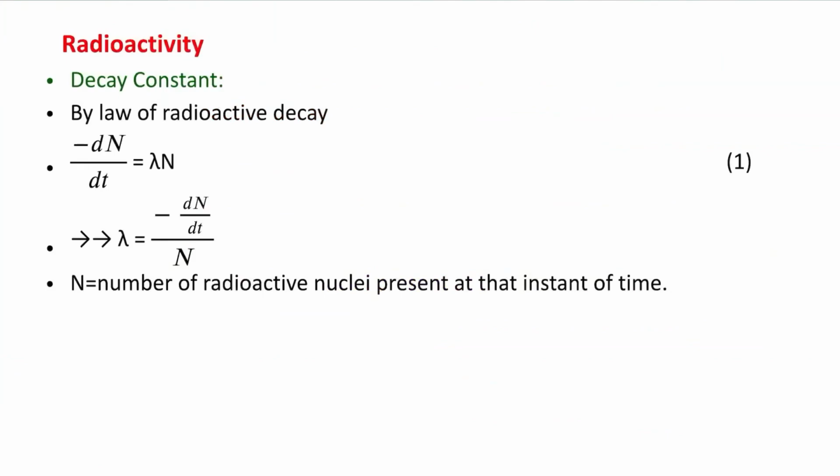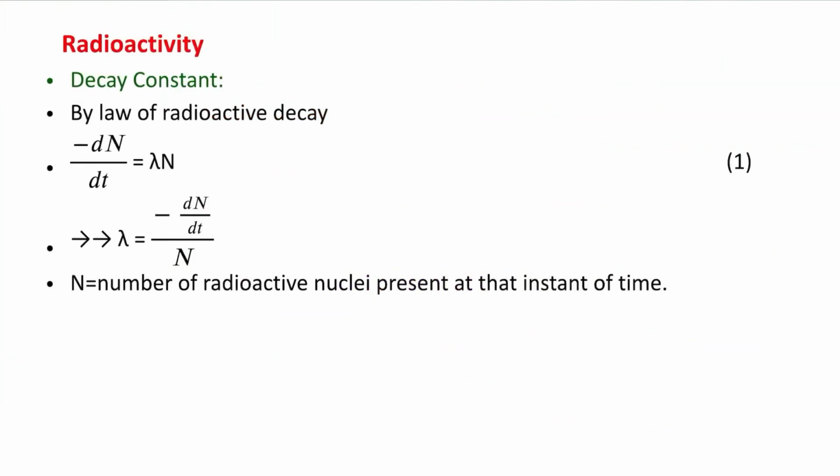So, by the law of radioactive decay, we have seen that minus dN upon dt is equal to lambda into capital N. Here lambda was the radioactive decay constant and capital N is the number of radioactive nuclei that are present at any instant of time t.